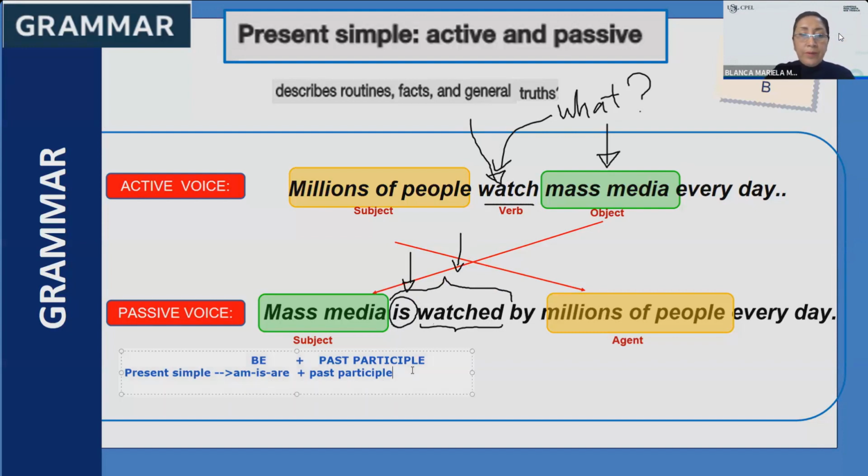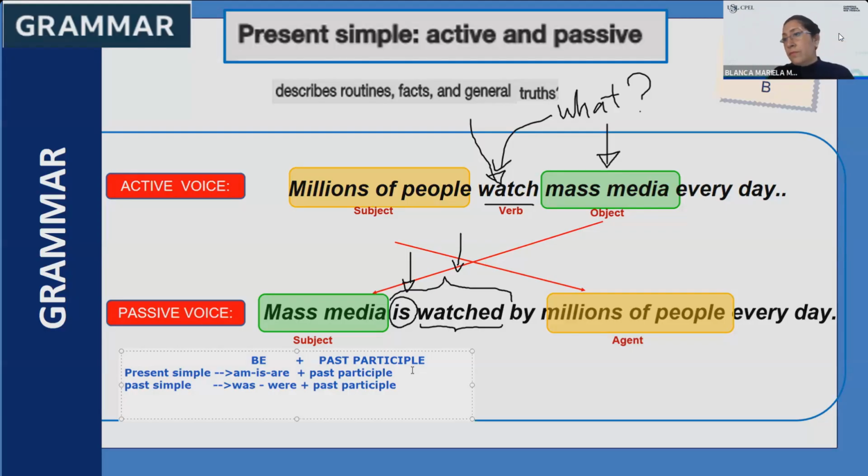For example, past simple. In past simple, you know the verb to be in past simple is was, were, plus the past participle. Remember my example, Chibolin was sent to prison. So this is a sentence in passive voice in past simple.